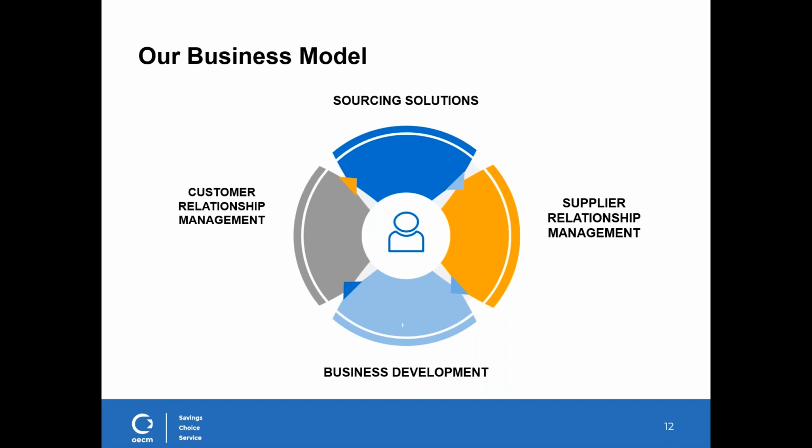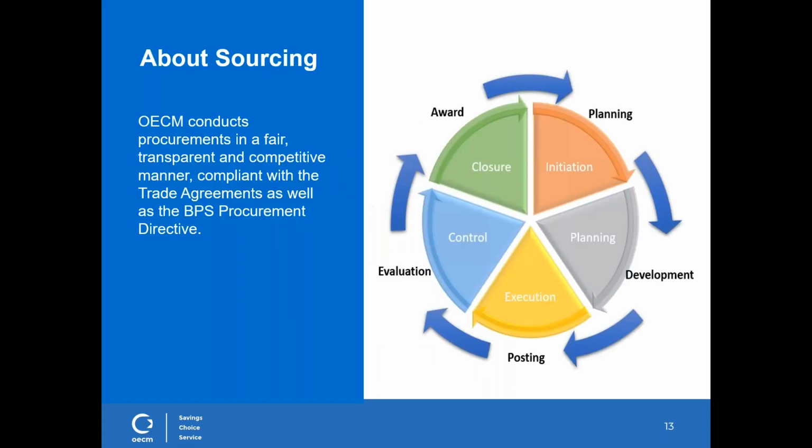In the past year, we've also established a business development team, which is focused on developing opportunities and fostering relationships, especially within the municipality and other public sector entities. So I'll talk a little bit about each of these core teams over the next couple of slides.